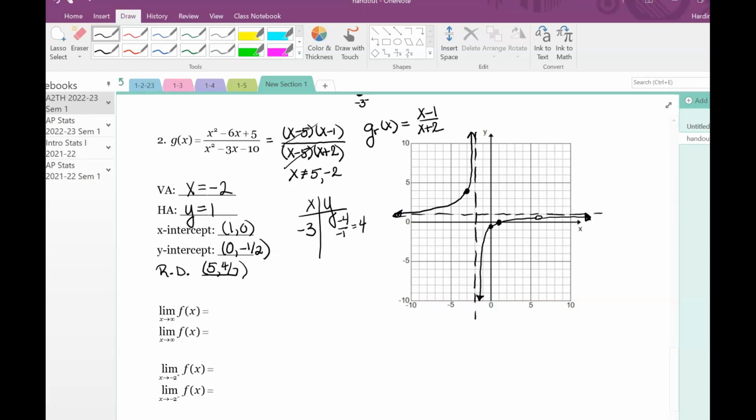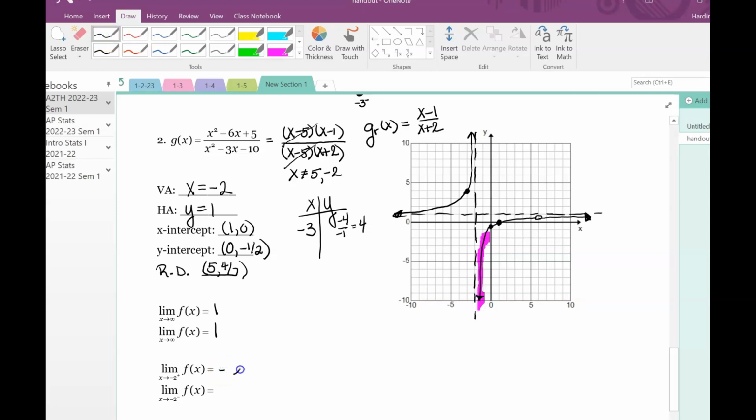So then the last piece is to write the limit statements for it. The end behavior limits are going to go towards the horizontal asymptote. These are both 1. It's getting closer to 1 as x gets very large and as x gets very negative. If I approach -2 from the right side, this is the right side, as I'm getting closer and closer from the right side, it's getting more and more negative.